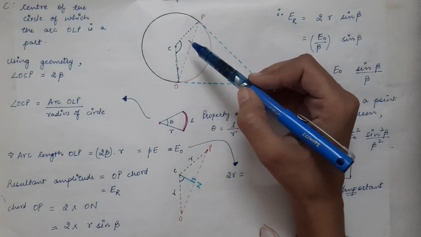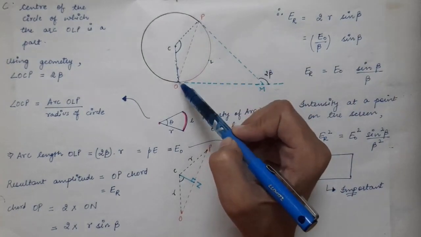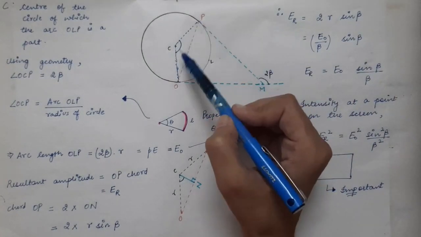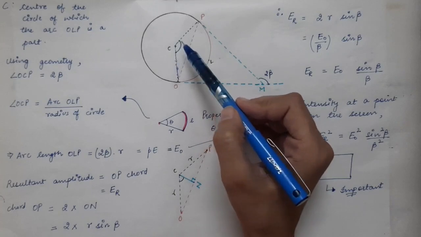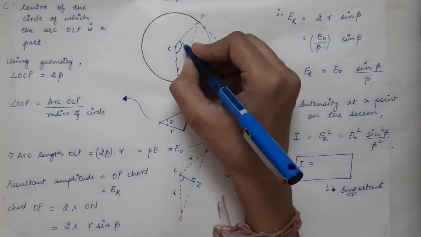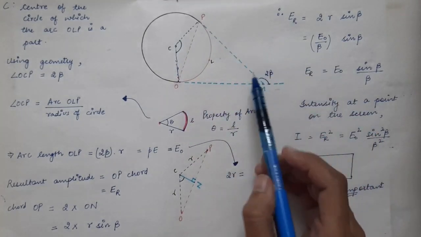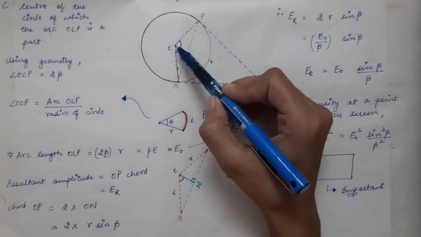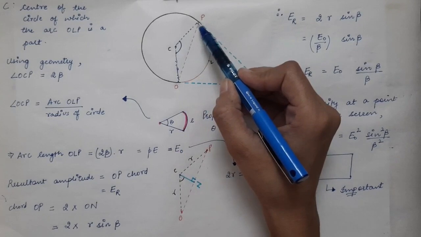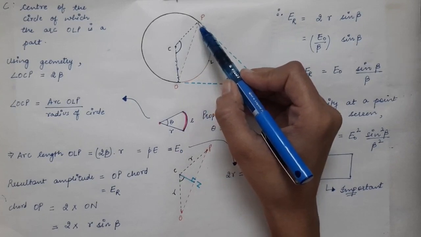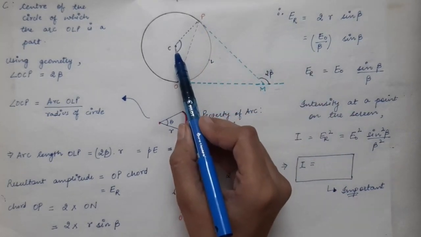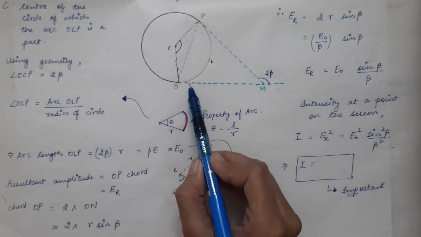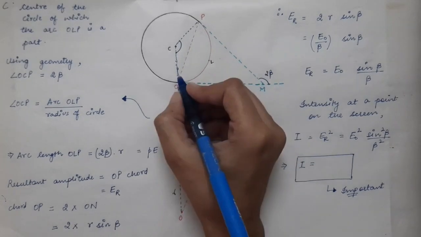To find that, first of all we are going to find the angle OCP. So you can use geometry from here. This is the radius of the circle, and this is also the radius of the circle, and using the properties of the circle, we know that a radius always makes an angle of 90 degrees with the tangent.